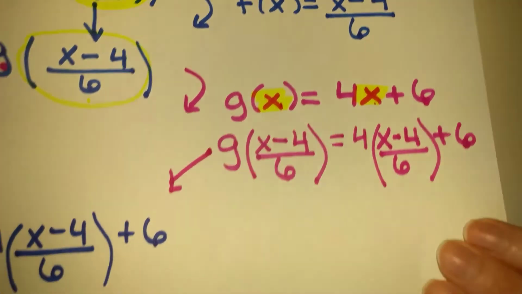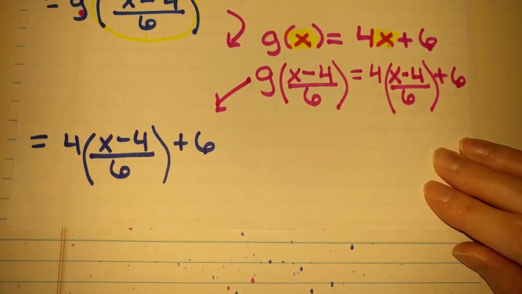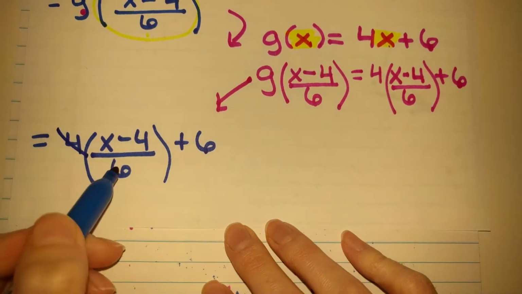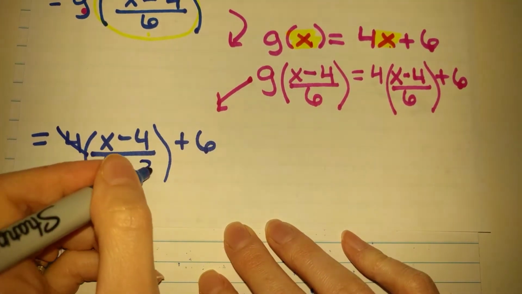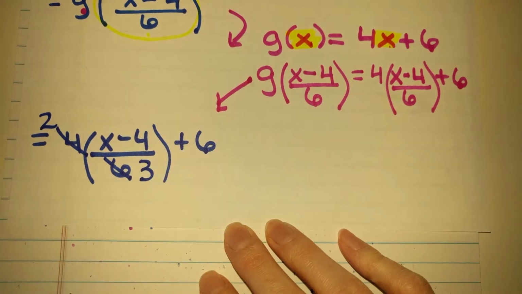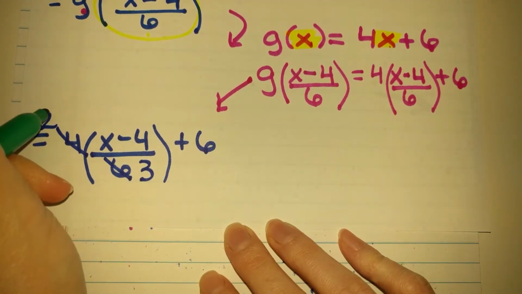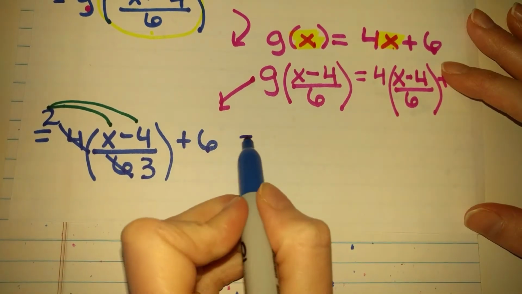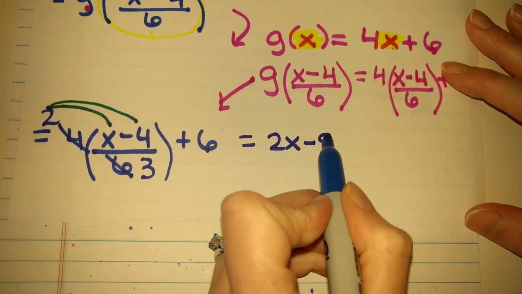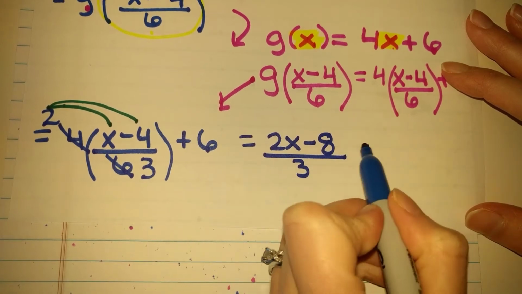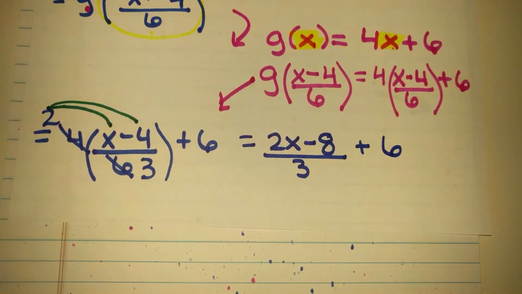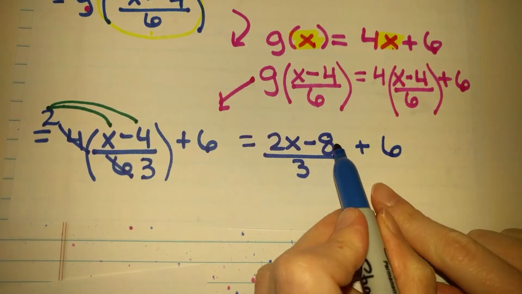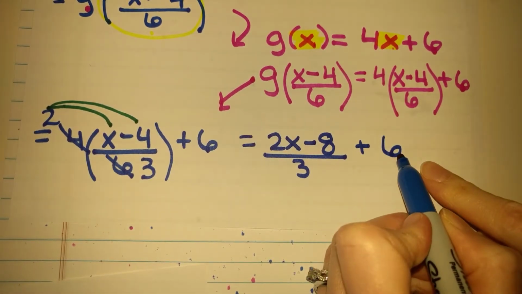Now, usually that is not going to be an answer choice, so what you have to do is simplify. So the 4 and the 6, of course, have a common factor of 2, so we take that out, and then we can distribute this 2 to the x and to the minus 4. So that will give us 2x minus 8 over 3 plus 6. And again, that might be the answer choice, but there are like terms here to combine, because the negative 8 over 3 can combine with the 6.